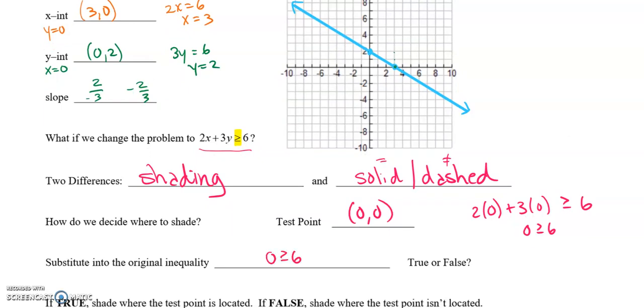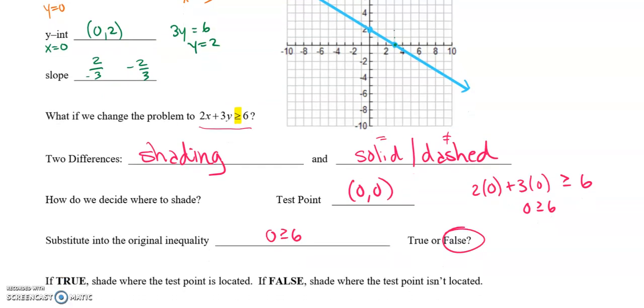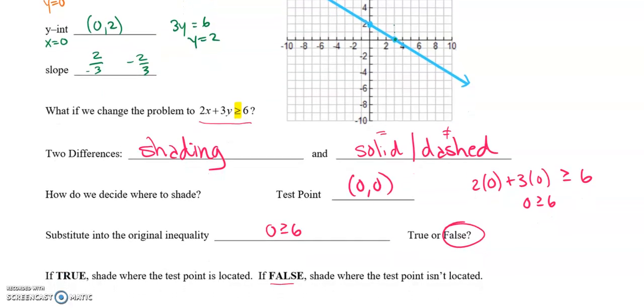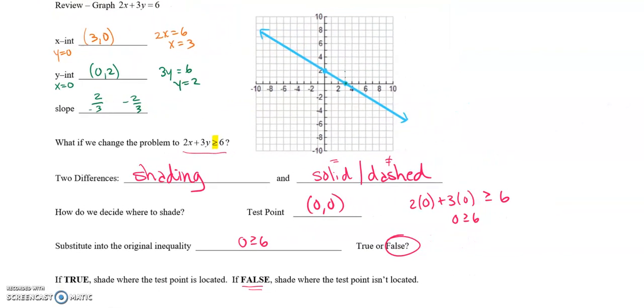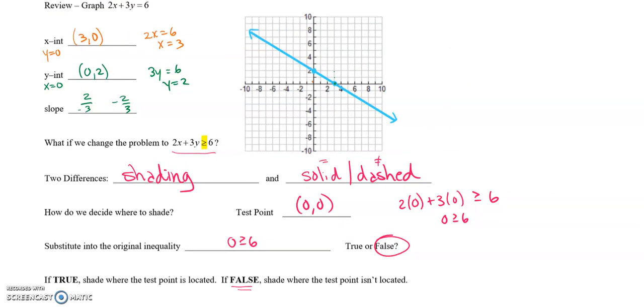Is that a true or a false statement? That is a false statement. So I want to shade, because it was false, where the test point isn't. So 0, 0 is here, the orange, that's my test point. That's a false statement that says 0, 0 does not work in the inequality.